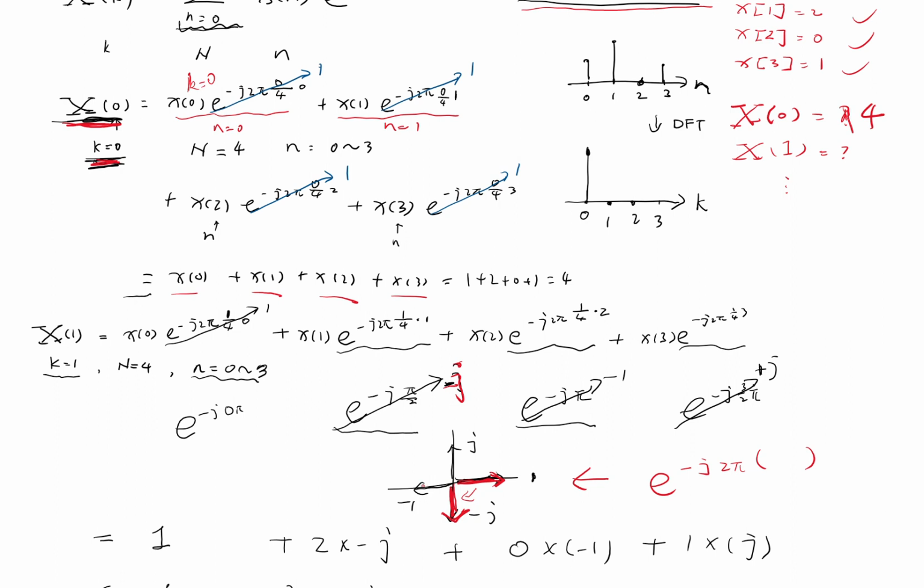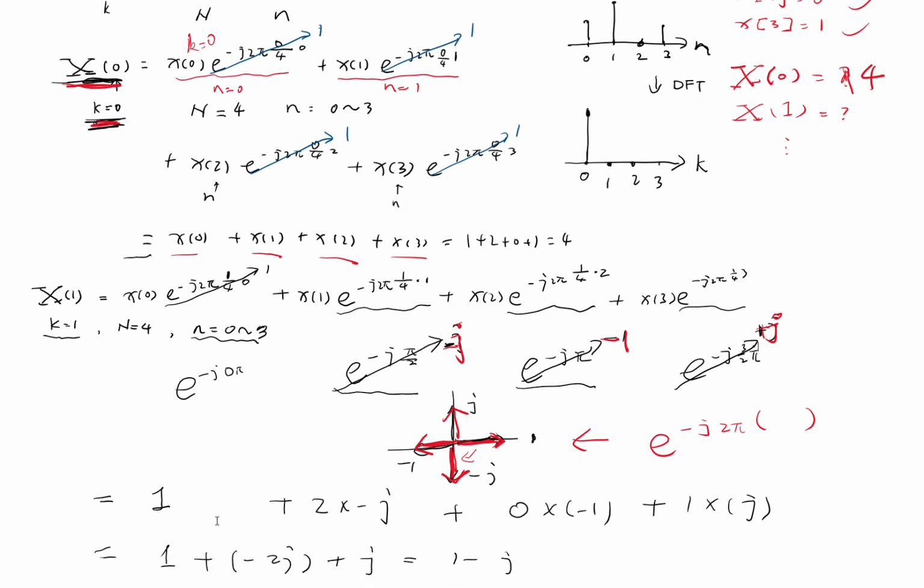And you can see the next one is negative 1. This one is negative 1. And the next one is positive j. So this is a positive j. Okay. So we can multiply everything together. That's first lowercase x0, lowercase x1 multiplied by negative j, this is lowercase x2, and this is lowercase x3.